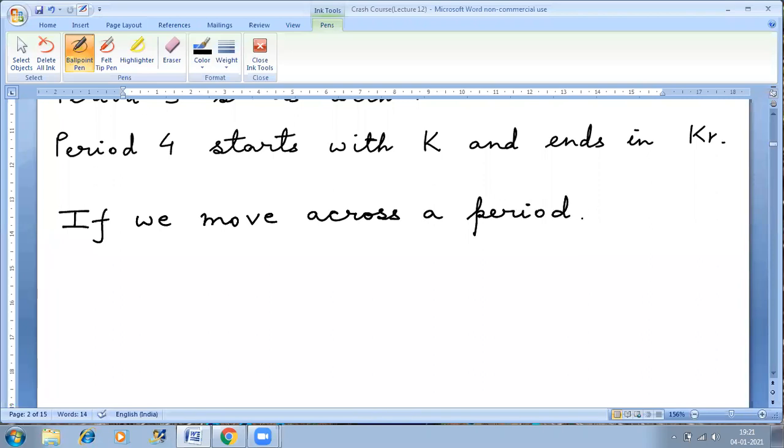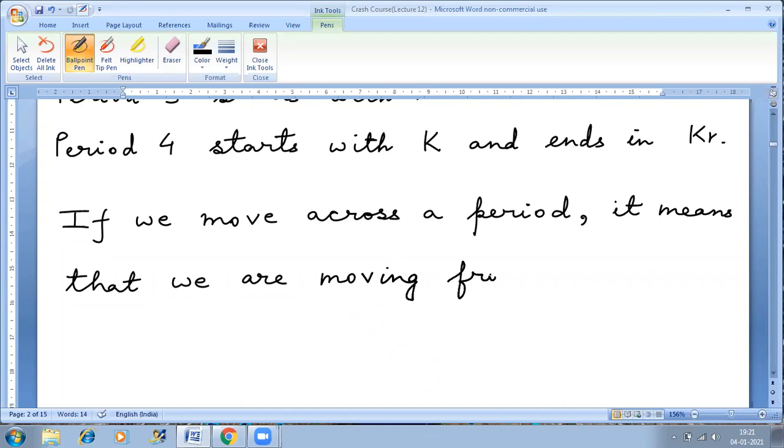If we move across a period, it means that we are moving from left to right. This is important.